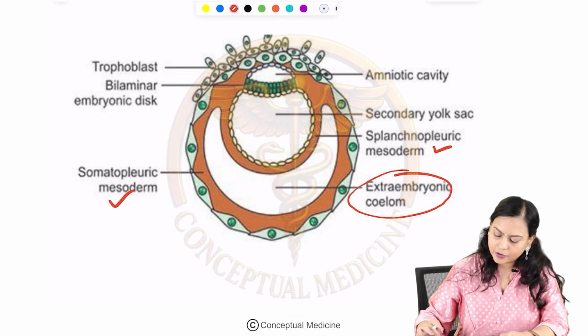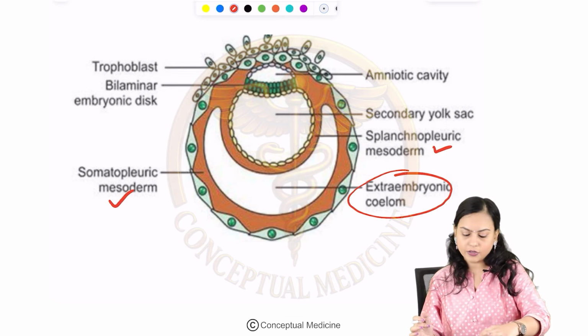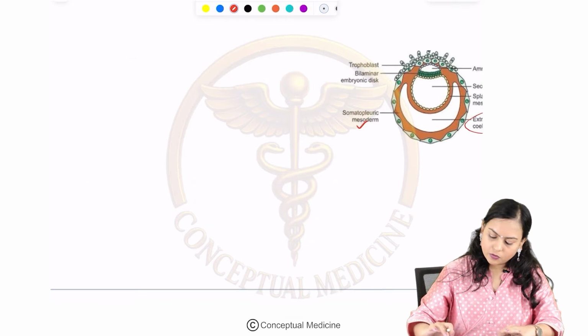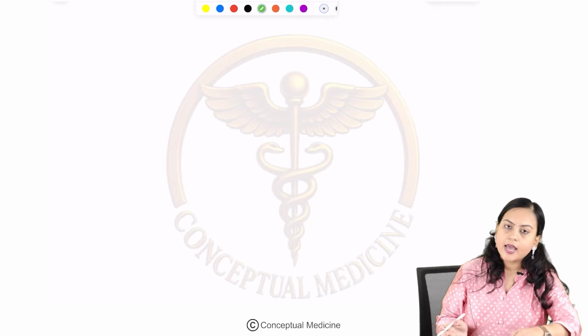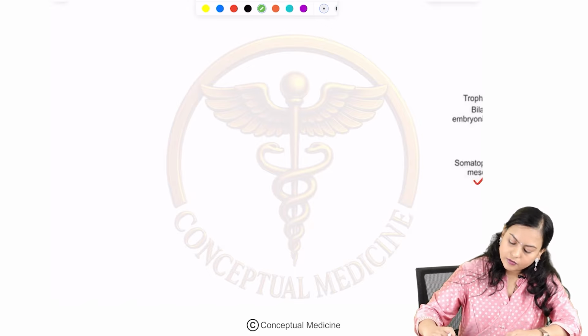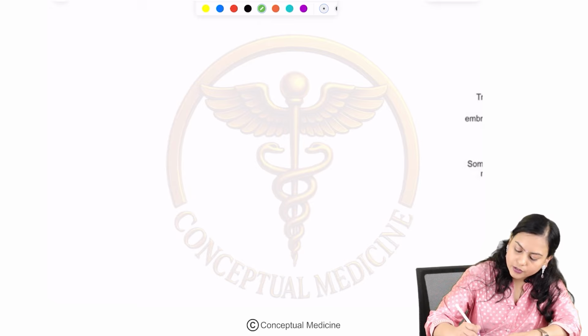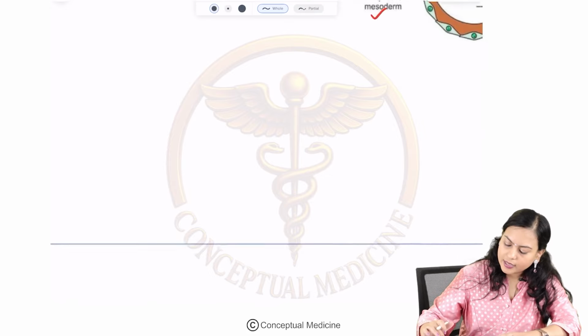Okay, we have the amniotic cavity and the secondary yolk sac. Now, with the formation of this somatopleuric and splanchnopleuric mesoderm, now we'll be able to identify the layers of chorion and amnion.